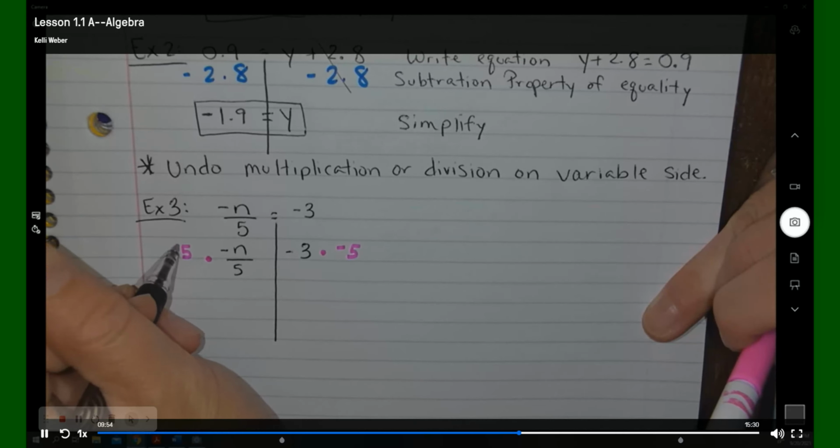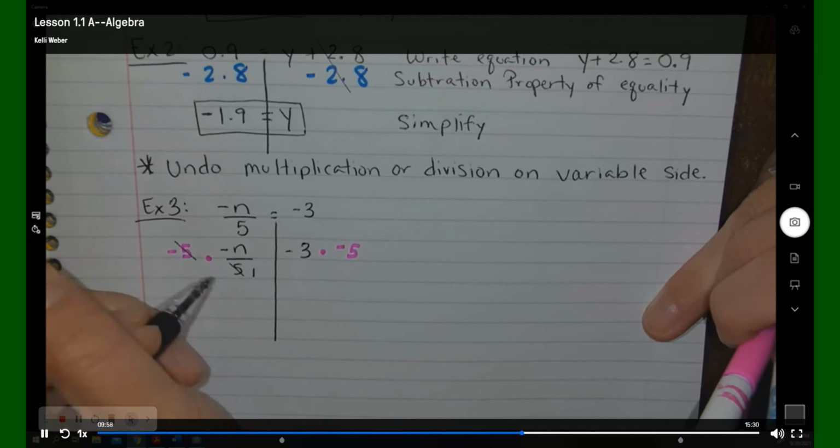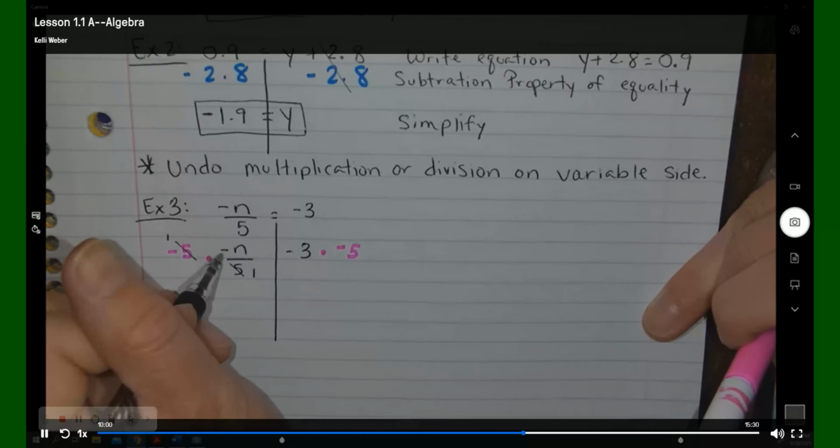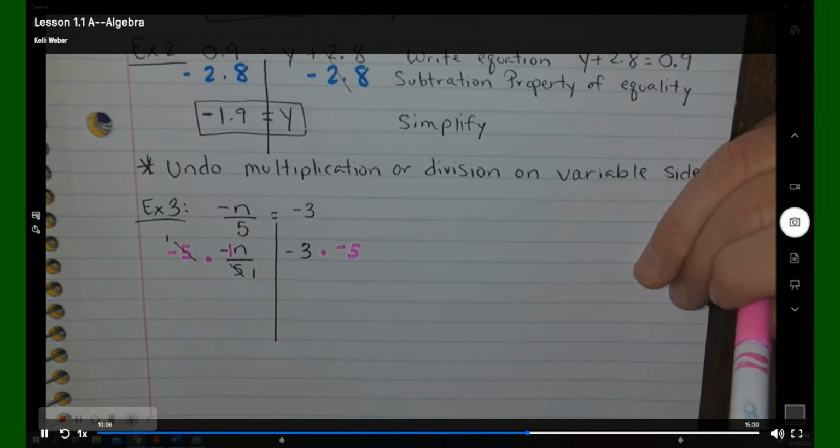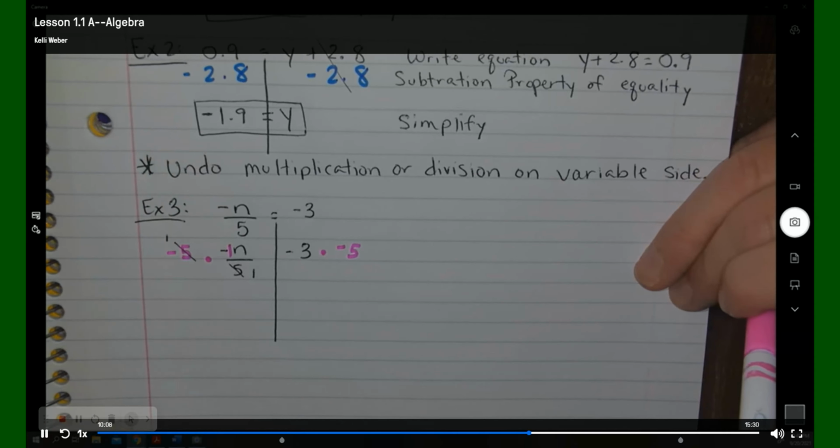All right, so if we cross cancel -5 and 5, those will cancel out to make 1. So we have -1 times -1n. Lazy mathematicians, they don't like to write it if they don't have to, but it is -1n right there.